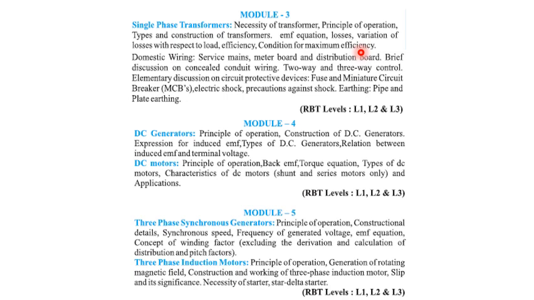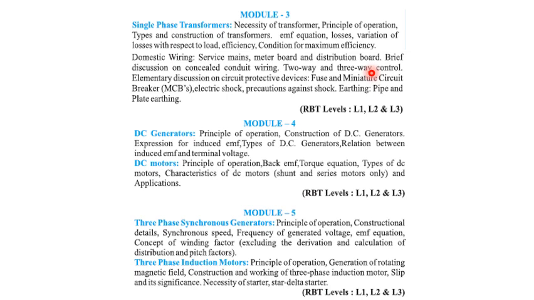And the second part of the third module, that is domestic wiring, consists of service mains, meter board and distribution board, and how the wiring can be done with respect to meter board and distribution board. Brief discussion on concealed conduit wiring, two-way and three-way control switches.